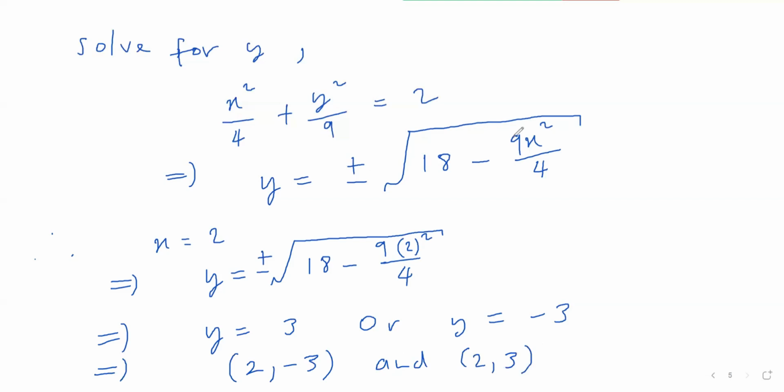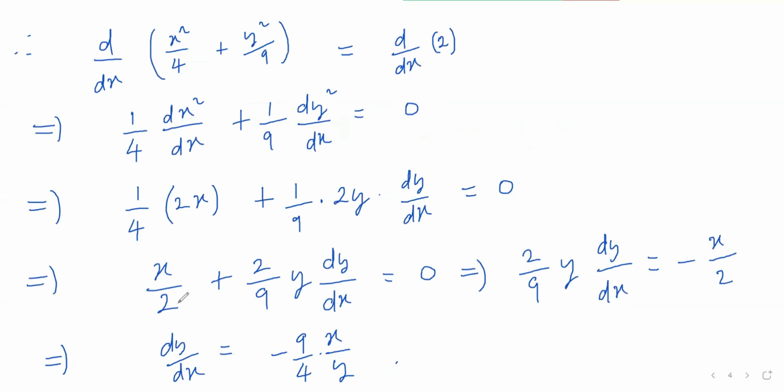Then the corresponding gradients for these 2 points, you get by simply substituting them in dy dx is equal to minus 9 over 4 multiplied by x over y. You substitute each point here to get the corresponding gradients.